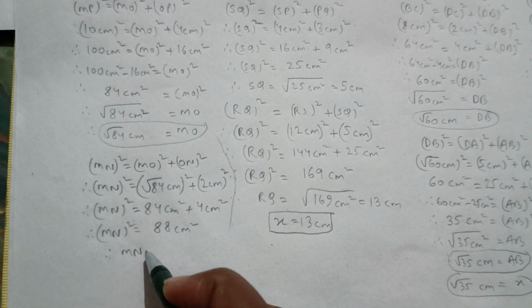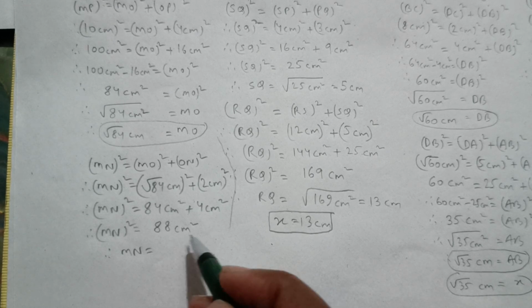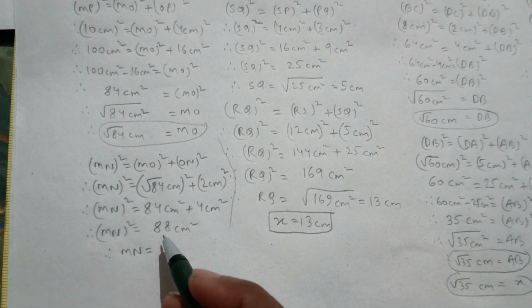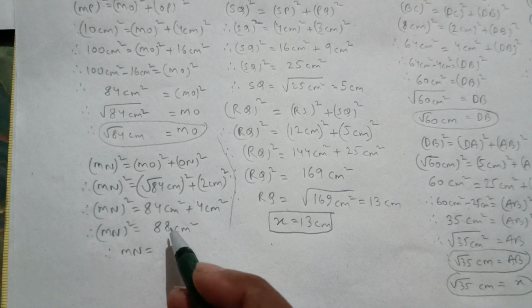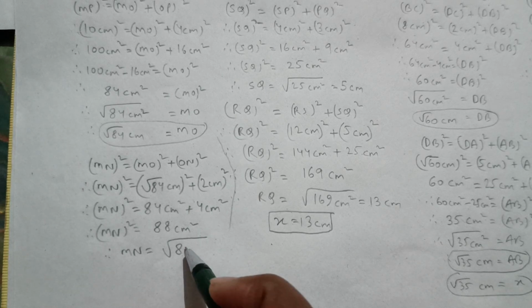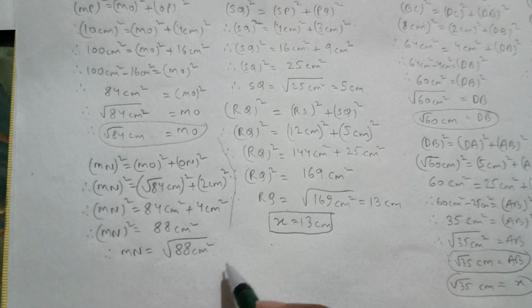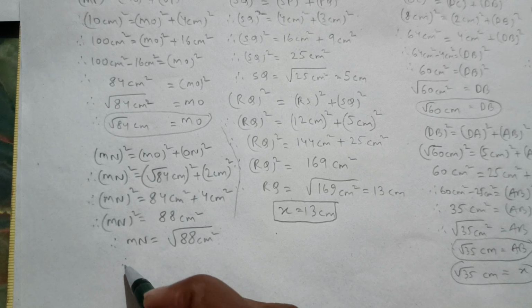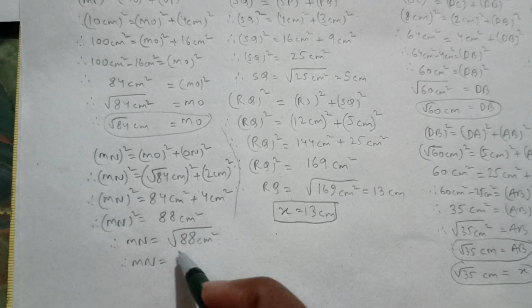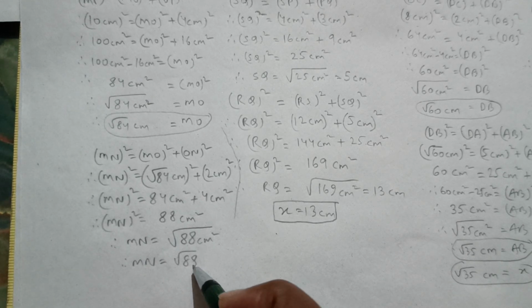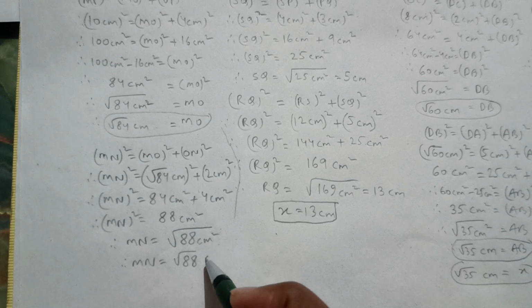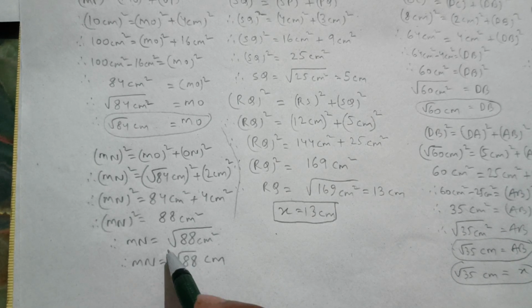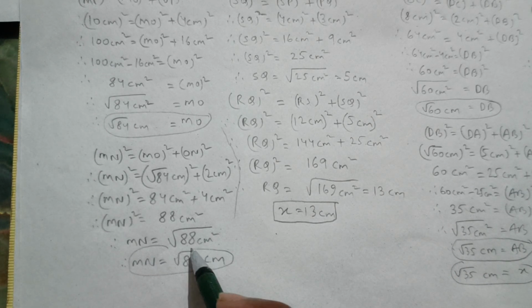So MN is square root of 88 centimeter square, and square root of centimeter square is centimeter. So MN is square root of 88 centimeter.